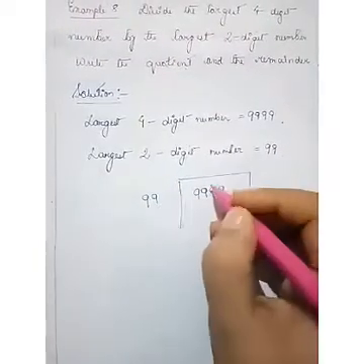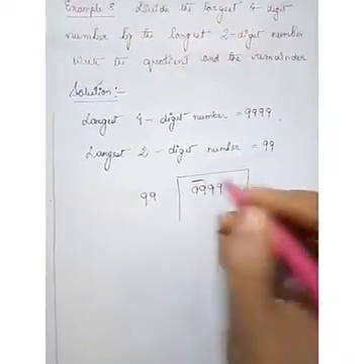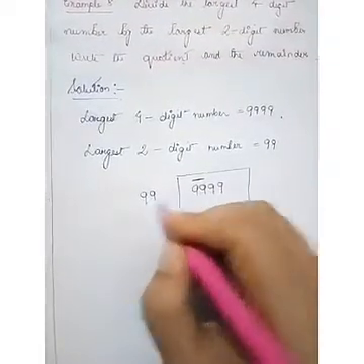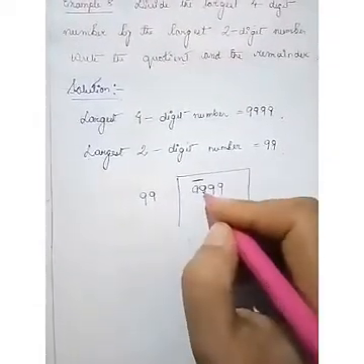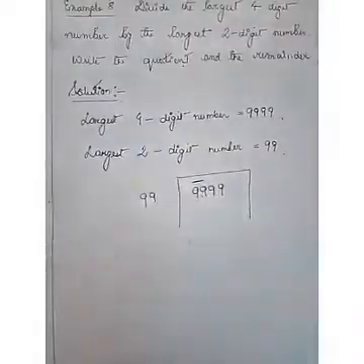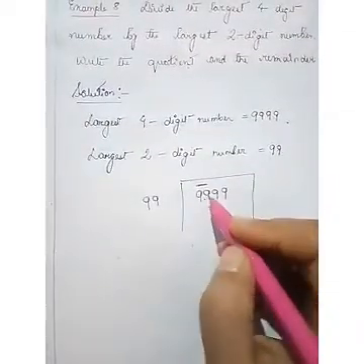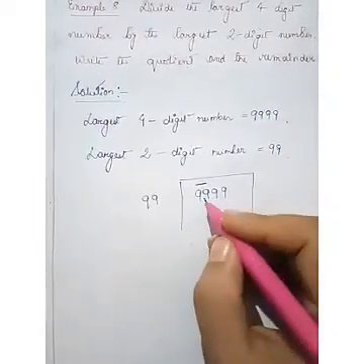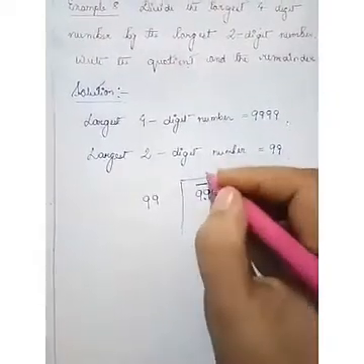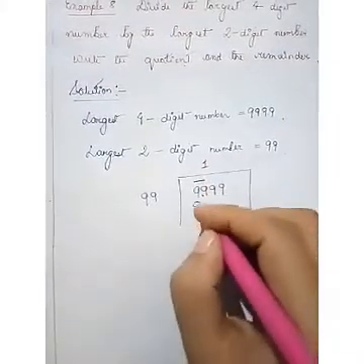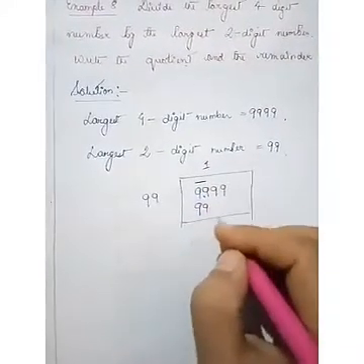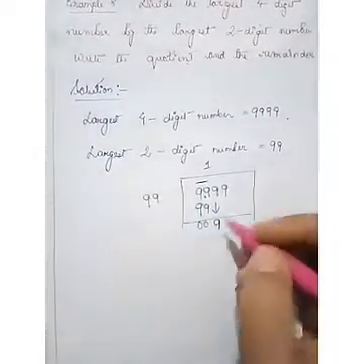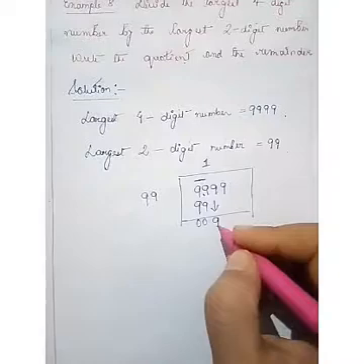Alright. So we'll take the first 2 numbers because it is equal. We have to take a number that is either equal or bigger. Okay, you cannot take a smaller number here. You cannot take 9. Alright. So we know 99 ones equal 99. You will get 0 0. Okay, 0 0. Now this 9 will come down. Alright. Now this 9 you cannot divide by 99 because it is smaller.